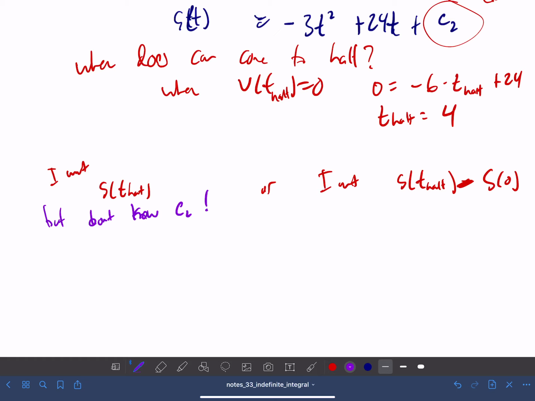You can put the origin wherever you want, and it's still a distance traveled. So we might as well set C2 equals 0, because we can choose where the origin is.